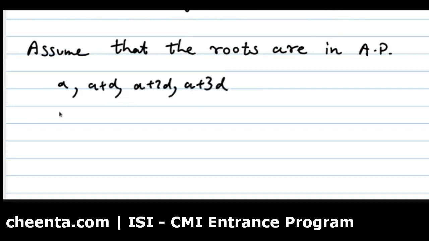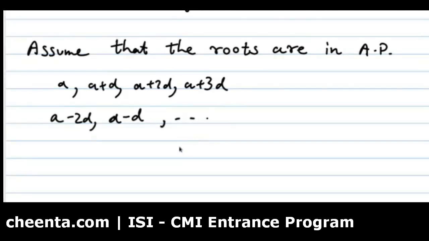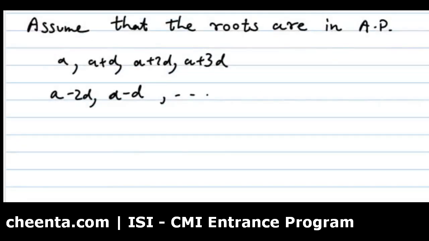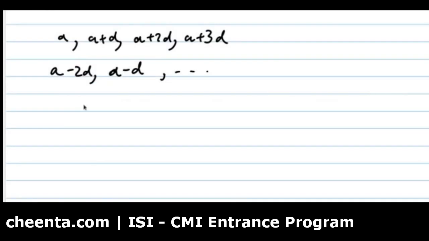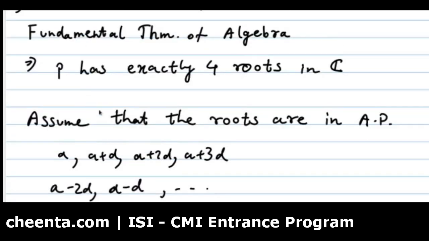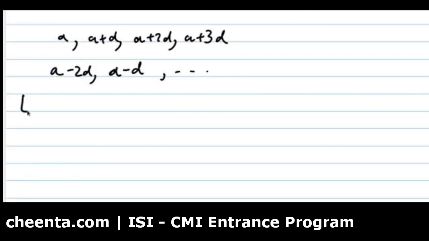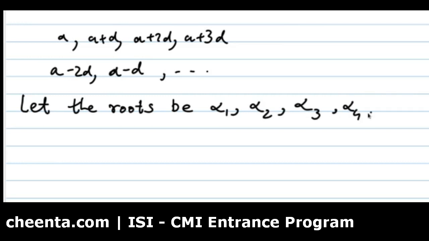You can take any other, like a minus 2d, a minus d, like this. But for our example, we are going to take one certain type of AP that will help us. So let the roots be alpha 1, alpha 2, alpha 3, alpha 4, right?